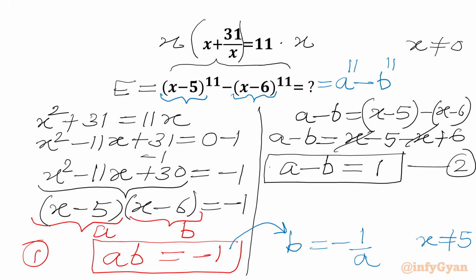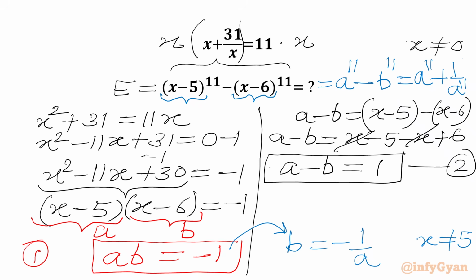So if I write B equal to minus 1 over A in the required expression, we will be getting A power 11 plus 1 over A power 11, so that 1 power 11 will be 1. So required expression is A power 11 plus 1 over A power 11.